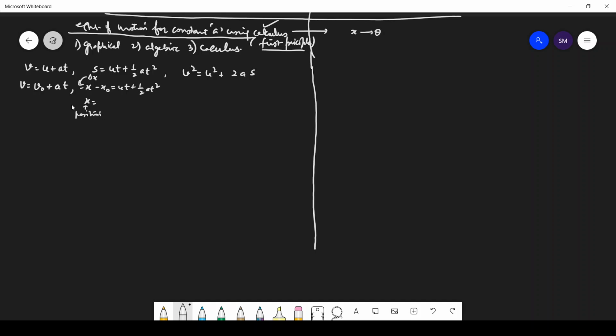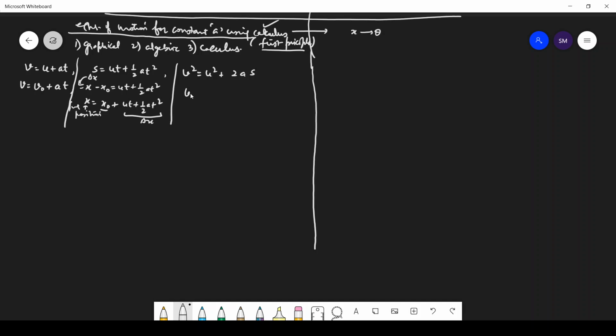So the final position is equal to x naught, the initial position, plus displacement, which is ut plus half at square. So initial position plus displacement.